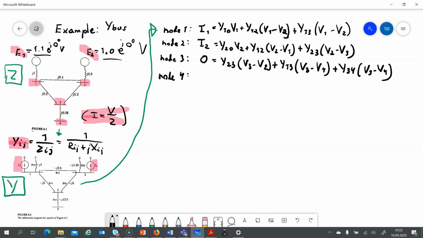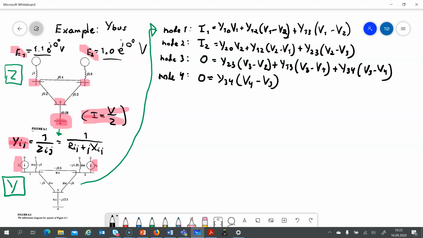Here is also no current source. You see that now we are here in this bus, so it's actually the Y34 we are looking for now. Y34 times V4 minus V3, like this.